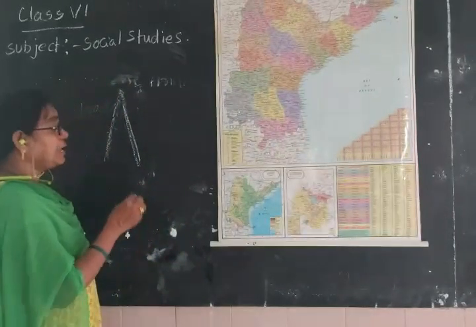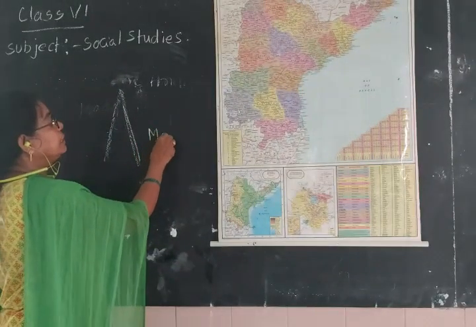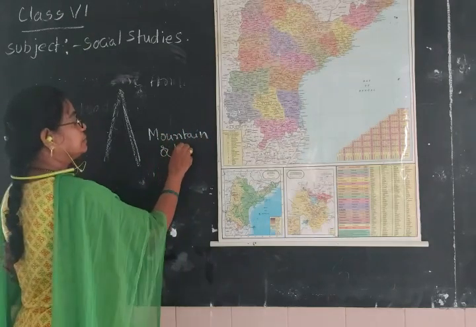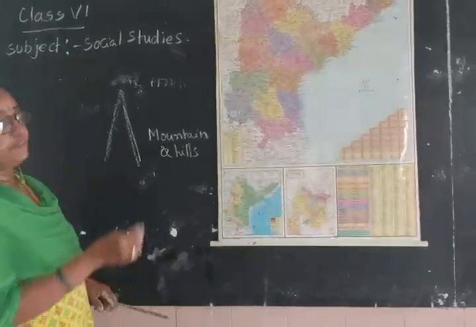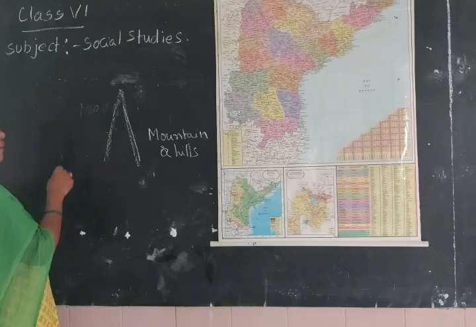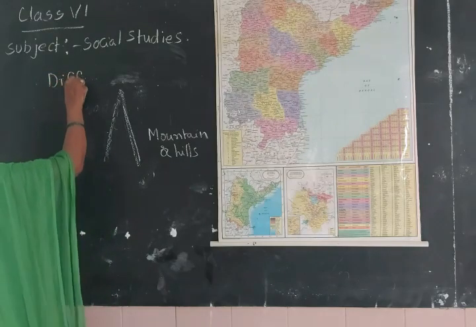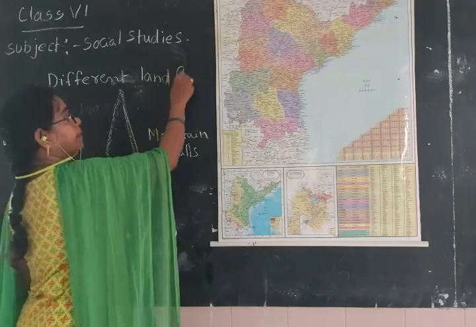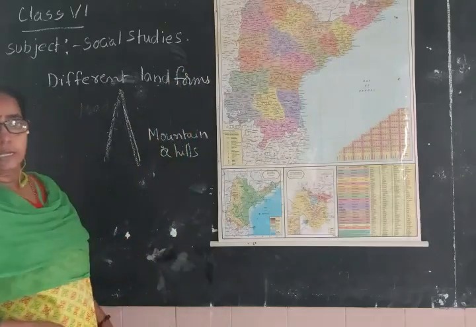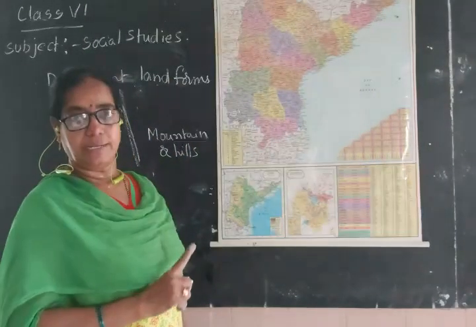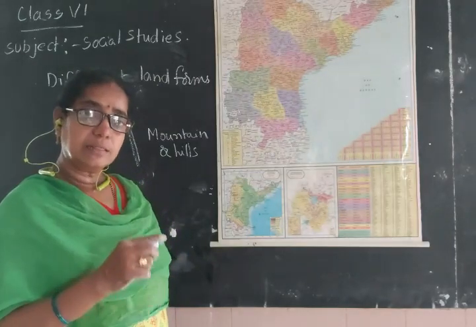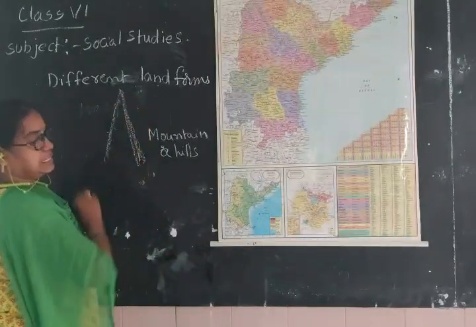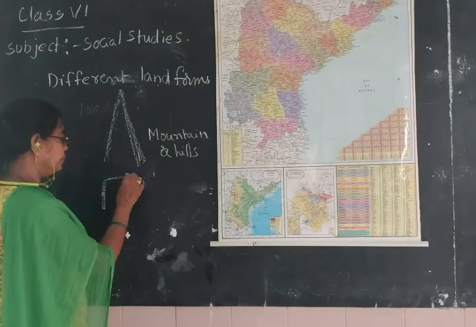Okay, different landforms. First one, mountains or hills. What are mountains? The landforms are high and the edges are steep. Second one is plateaus.